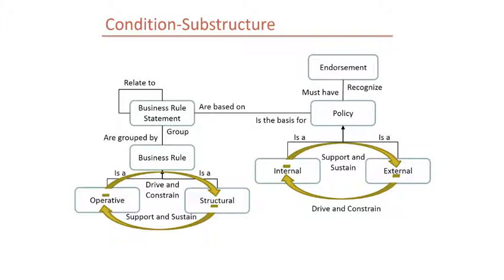Those conditions will either be operative or process-oriented or structural. An example would be, if it's a process, it would be things that the business has decided as a matter of course or as a matter of doing business because of the policy.